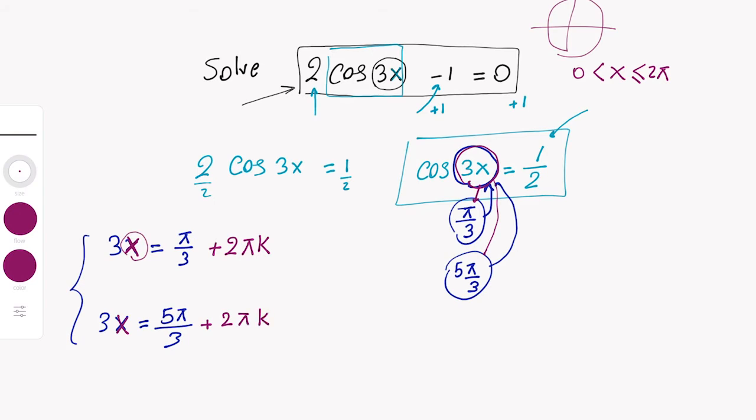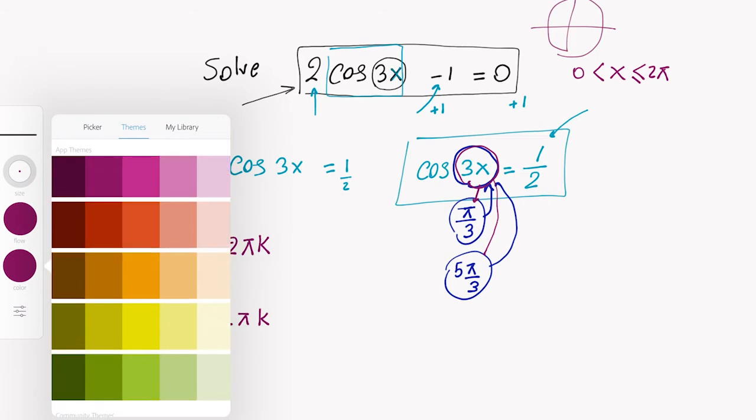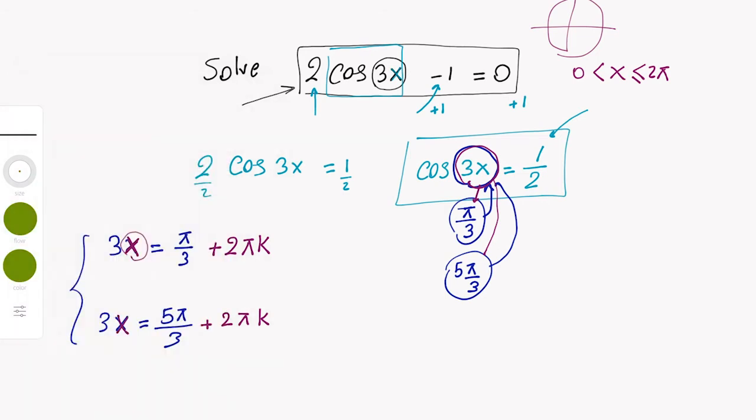Now we're going to divide everything by 3 to solve for x. Again, this is very important that you add this for a question like this. Anytime there is a coefficient on x, or there is something else beside x inside of the angle, we need to add 2 pi k.